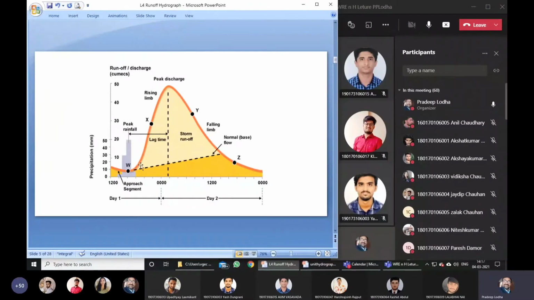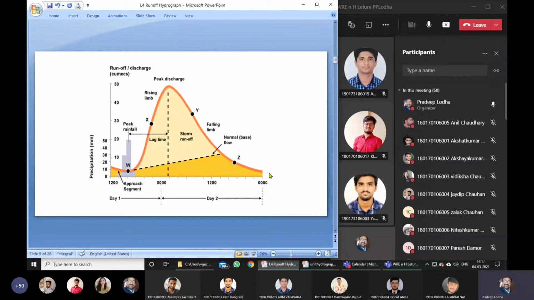This gray area represents the rainfall event which has caused surface runoff. This is the rainfall event which has taken place in the given watershed, and it caused this water discharge into the channel, which has a peak here, then the recession, and then lowering again.